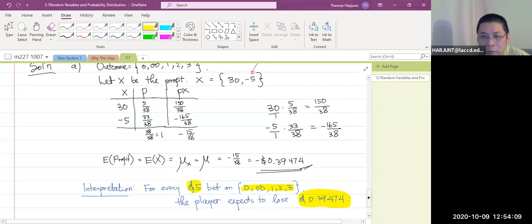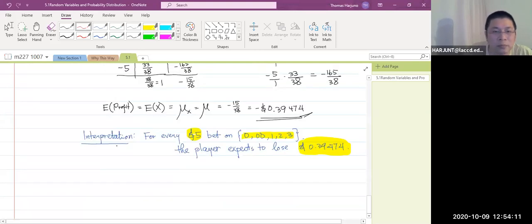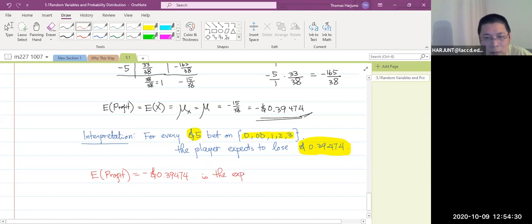Maybe I write it in a graph. This expected value of profit, which is negative 0.39474, is the expected value for the player.